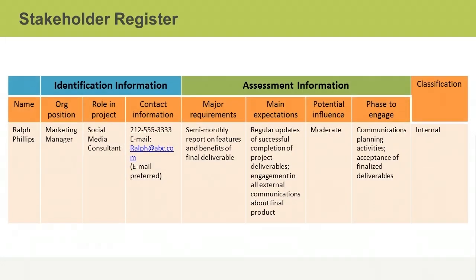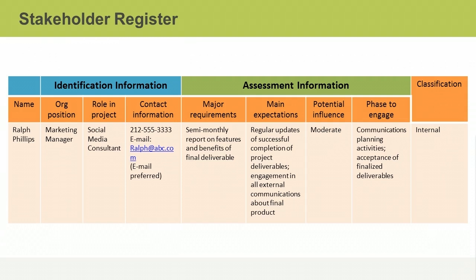Another source of information is the stakeholder assessment. When examining a stakeholder register for communications requirements, you're looking for details related to the assessment that was carried out on the stakeholders. The assessment information includes major requirements and expectations or product features most important to the stakeholder.